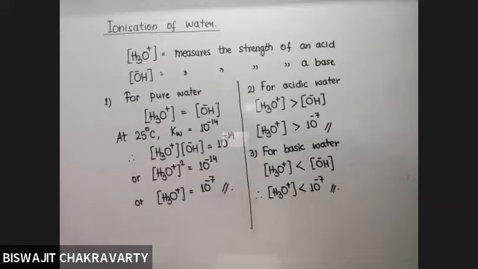We are expressing everything in terms of H3O plus only. So if neutral, H3O plus will be equal to 10 to the power minus 7. If acidic, H3O plus will be greater than 10 to the power minus 7. And if basic, then H3O plus will be less than 10 to the power minus 7.